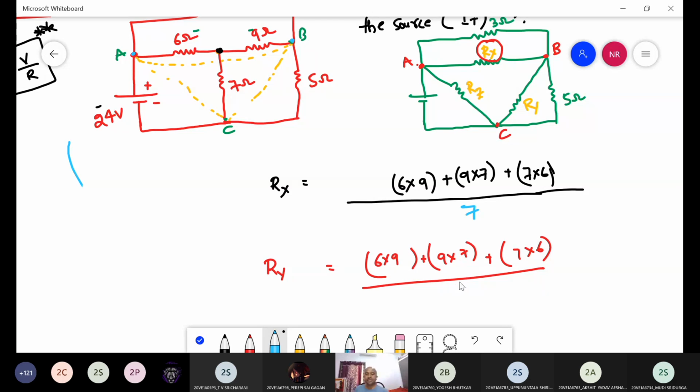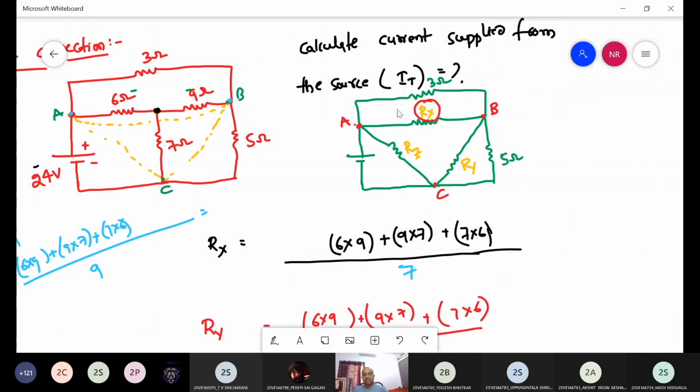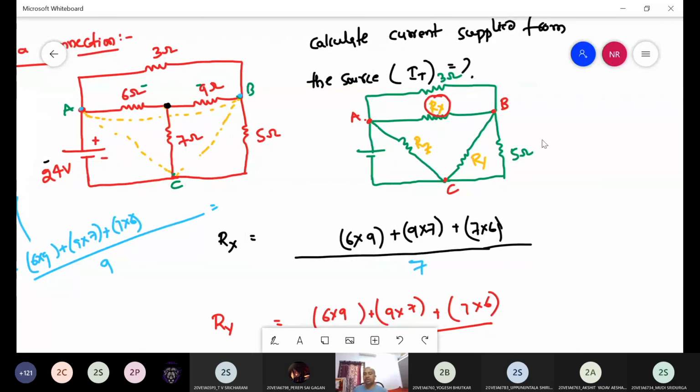Which is the unrelated element here? 6. Then coming to Rz, here again numerator same, 6 into 9 plus 9 into 7 plus 7 into 6 divided by, here the unrelated element is 9. So we will get Rx, Ry, Rz, right? After that, we have to observe here. So we got the Rx value, Ry value, Rz value. Next, possible connection.